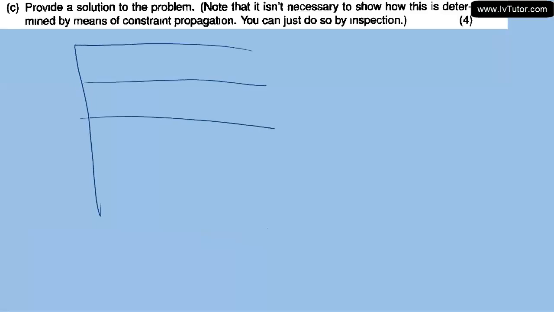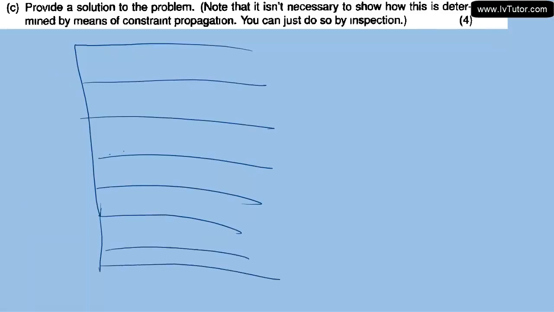to answer this one, you can write this in tabular format. So you've got your province and your color.